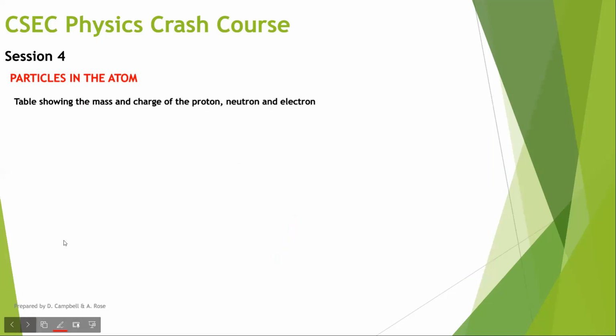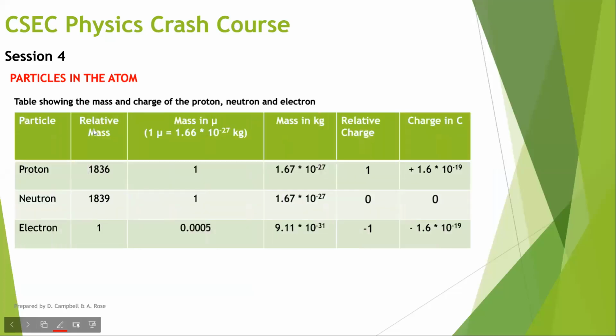All right, so this table we look at here will summarize the mass and charge of the 3 subatomic particles. We have the relative mass in column 2, and we see that the proton and neutron are very similar in mass.